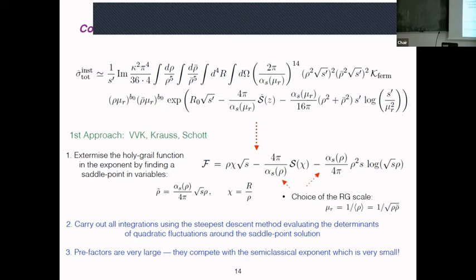And there is potentially a different scale mu r which occurred in these Mueller corrections, the hard rescattering events. So I'm going to set both of them to be the same and equal to 1 over rho. This is the choice of the RG scale. That's the approach we are going to follow.